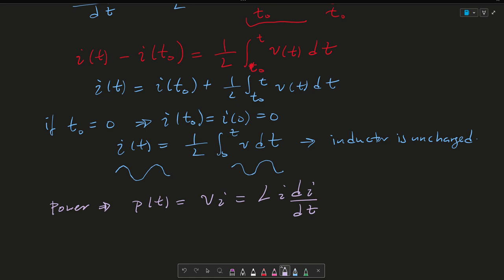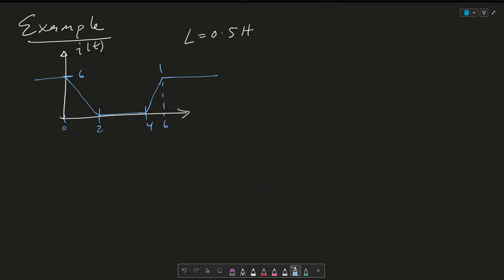So let me do an example here really quickly to end the video. All right. So consider you have this example and someone says, this is my current that is inputted through an inductor of 0.5 henries, and they want you to draw the voltage output that's going to be generated.